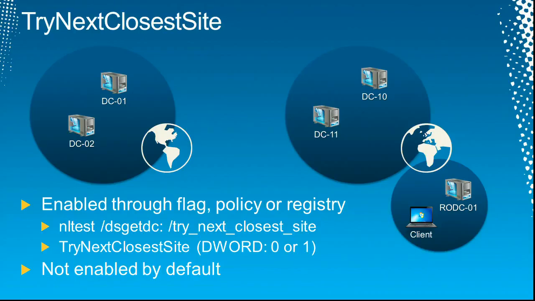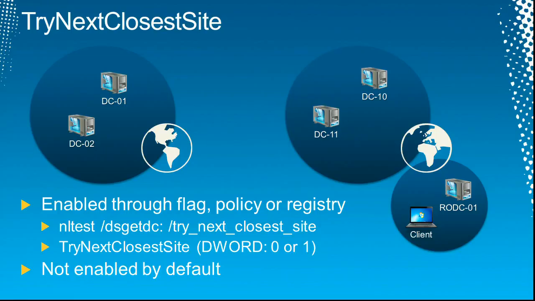The typical algorithm is, please give me a DC in my site that meets this specific criteria. And if there's no DC in that site, then DC locator will fall back to what we call global records. So basically any domain controller in any part of the domain, in any site, will be considered to meet this specific request.